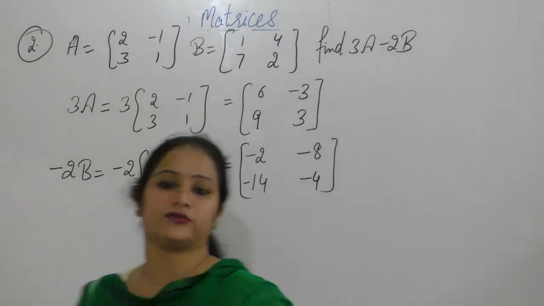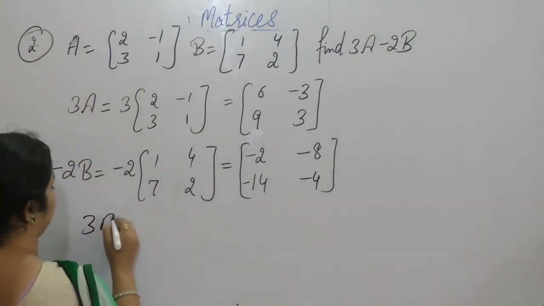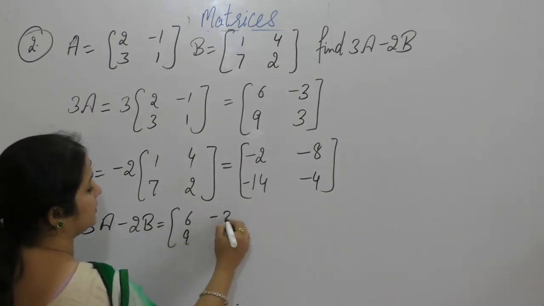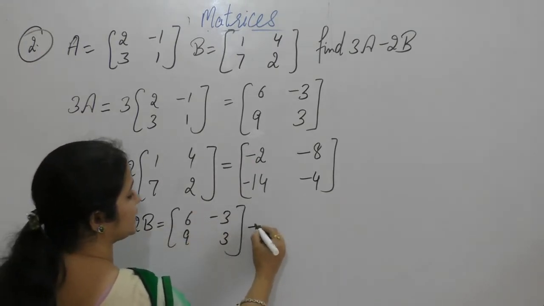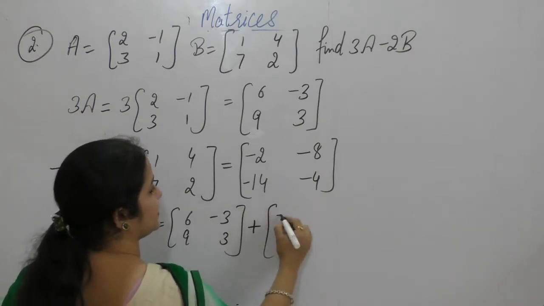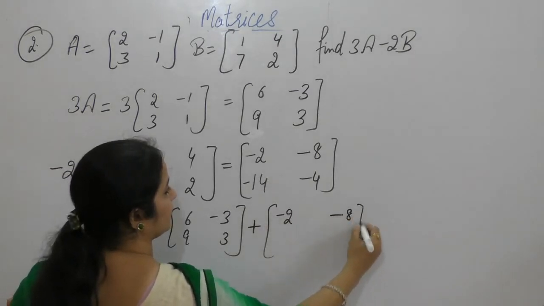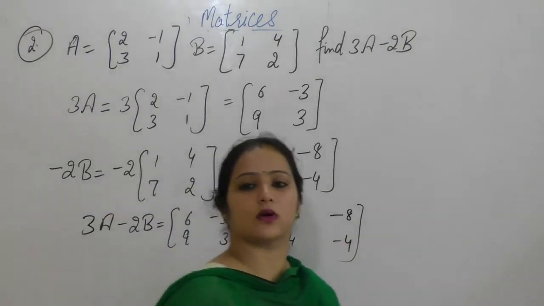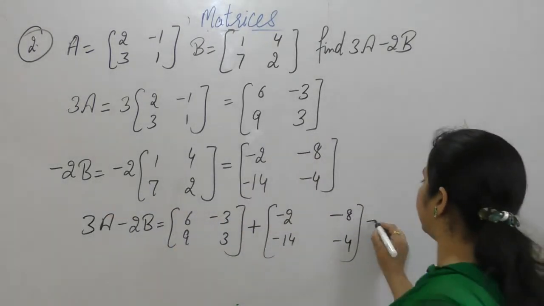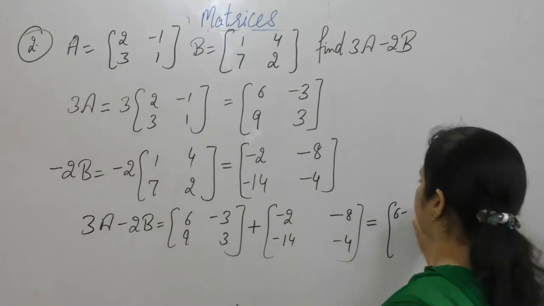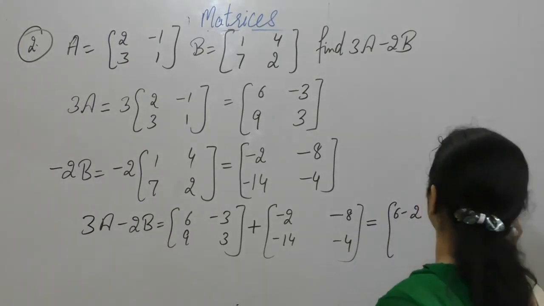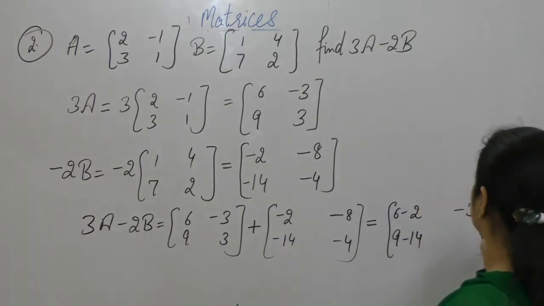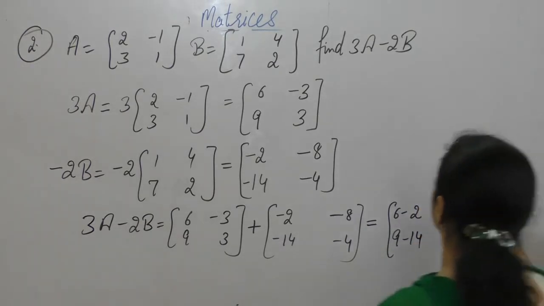Now what we want to find? 3A minus 2B. 3A, minus 2B. Now add the corresponding elements of the matrices. 6 minus 2, minus 3 minus 8, 9 minus 14, 3 minus 4.